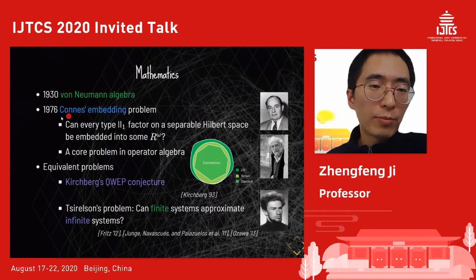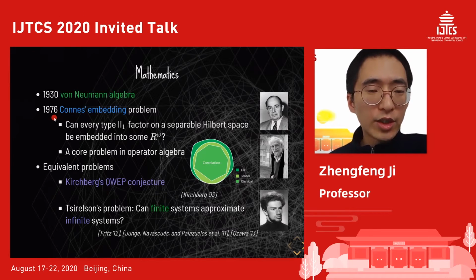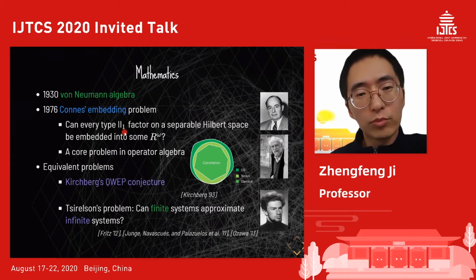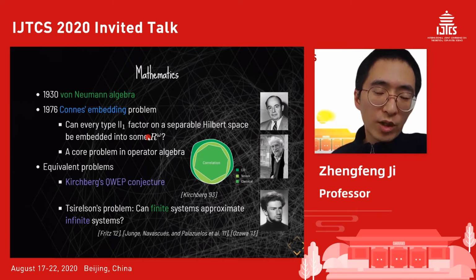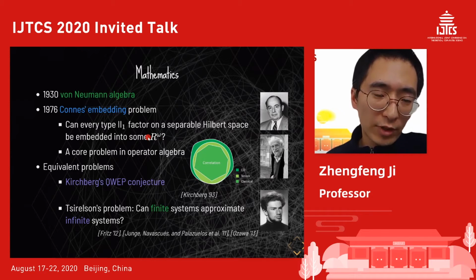In a paper by a French mathematician, Alain Connes, in the 70s, he studied the classification of von Neumann algebras. And in that paper, there's a line asking whether type II one factors can be embedded in some hyperfinite factors.